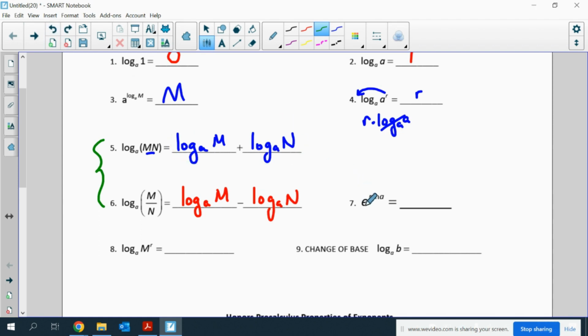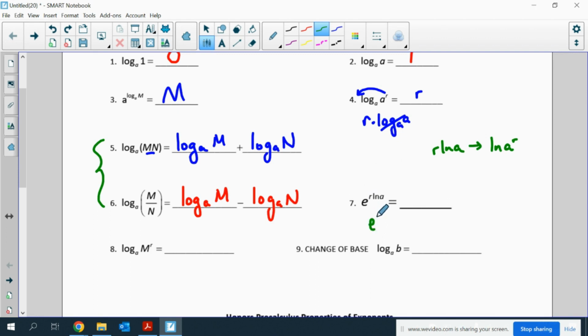Number 7, e to the r natural log of a. This isn't so much a property, it's more just a problem where we can figure out what's happening. Remember that if I have an exponent I can move it out to be a coefficient, I can take the coefficient of r natural log of a and turn it into an exponent.